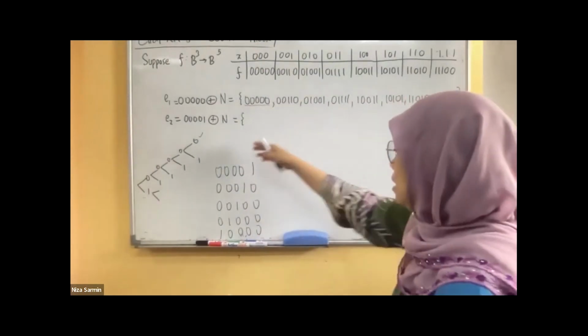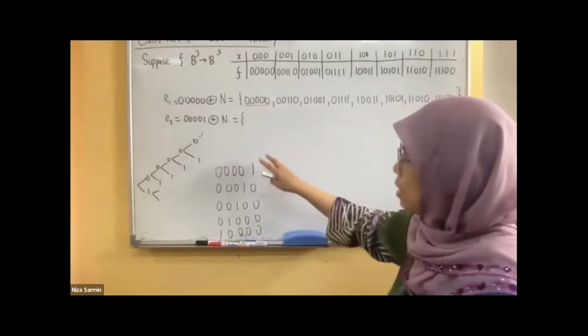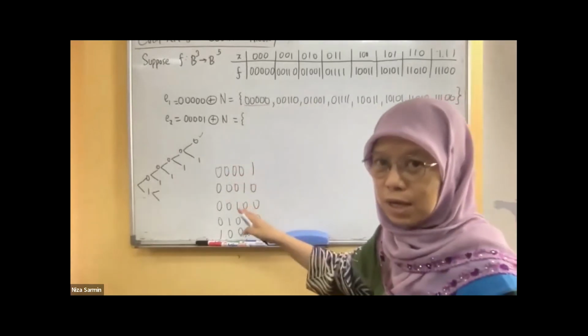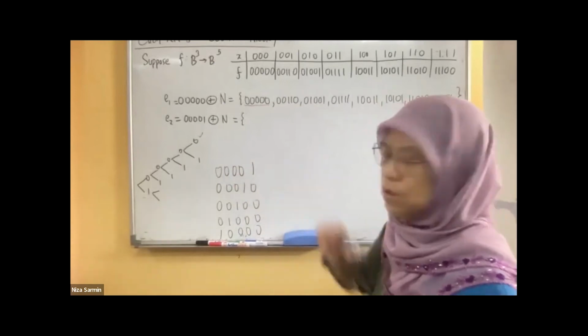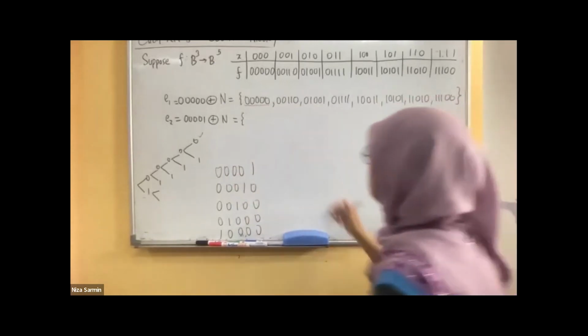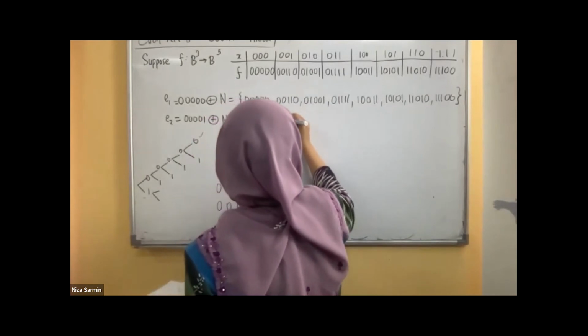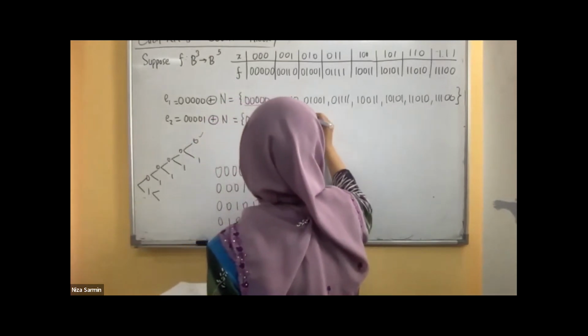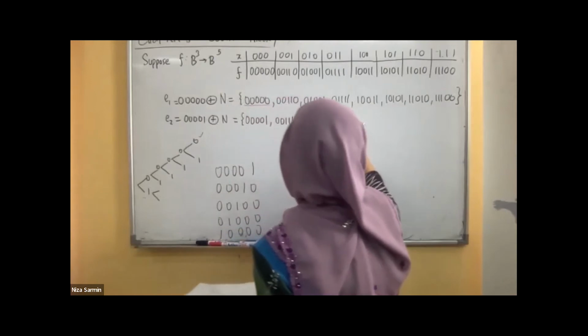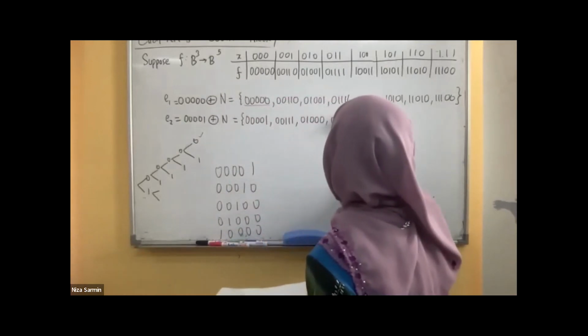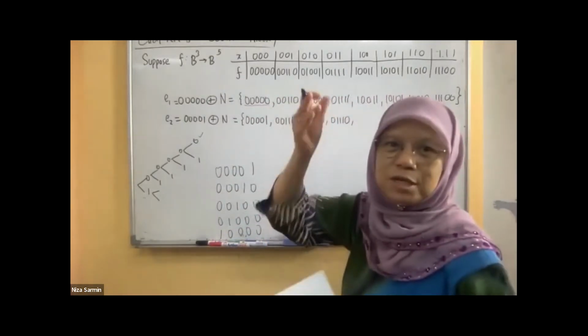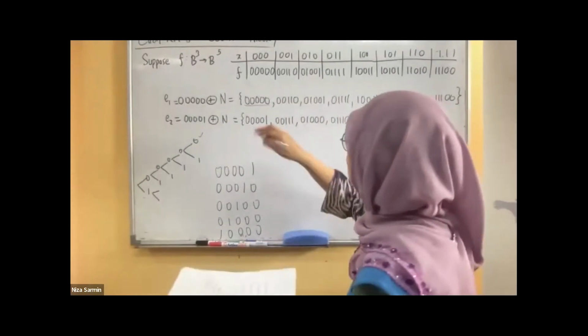But none of these are in here. You can pick any one, but I will pick this one. Add 1. So I just changed the last digit, yeah? I just changed the last digit.